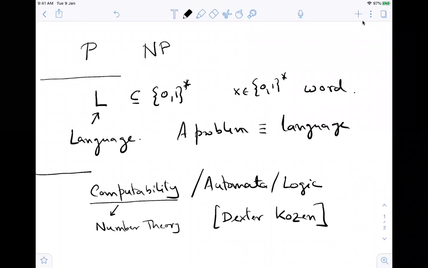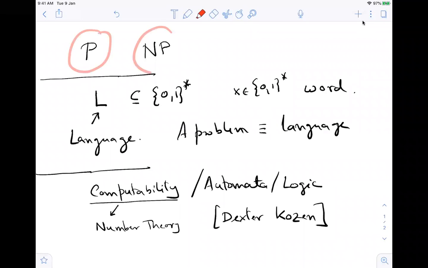So coming back, in this course we will not go into so much detail. We have these languages L, and all of these are called classes, or language classes. A language class means a collection of languages.